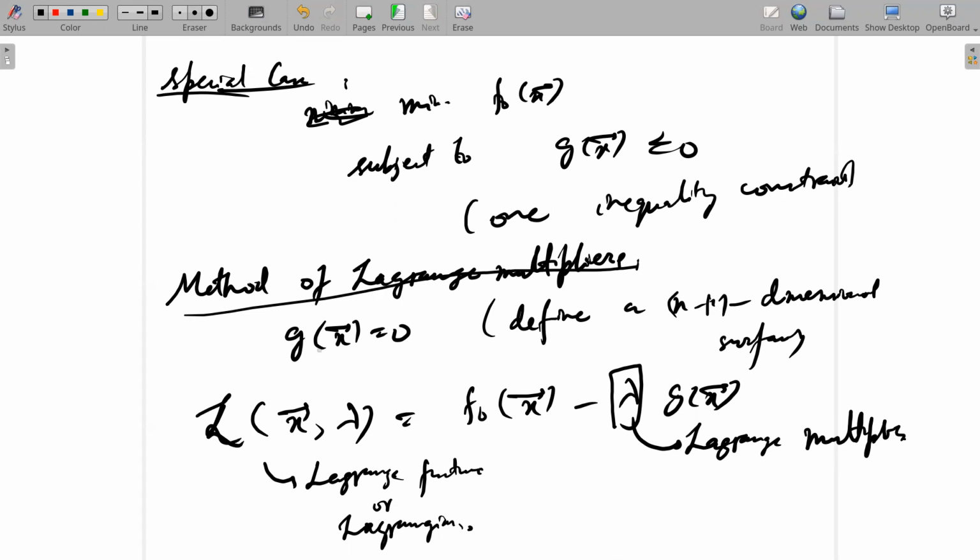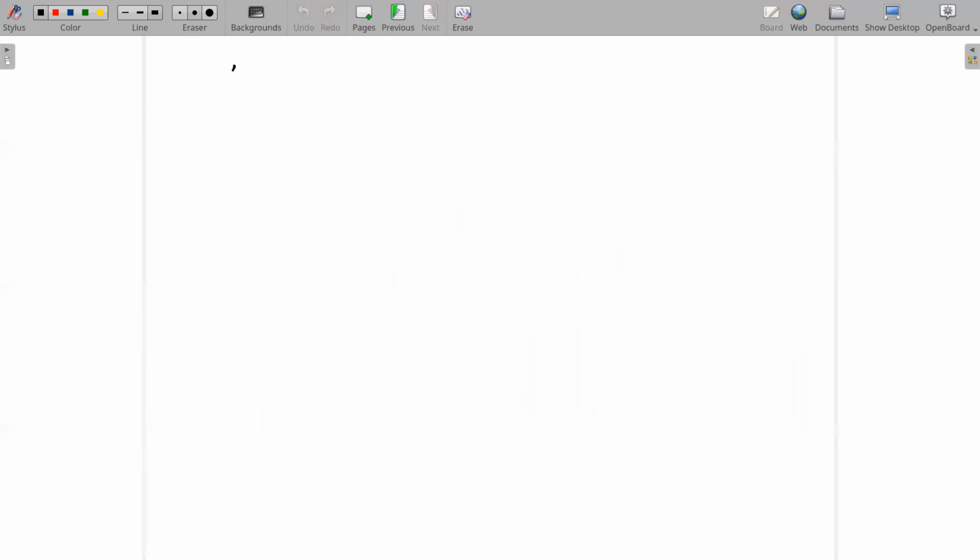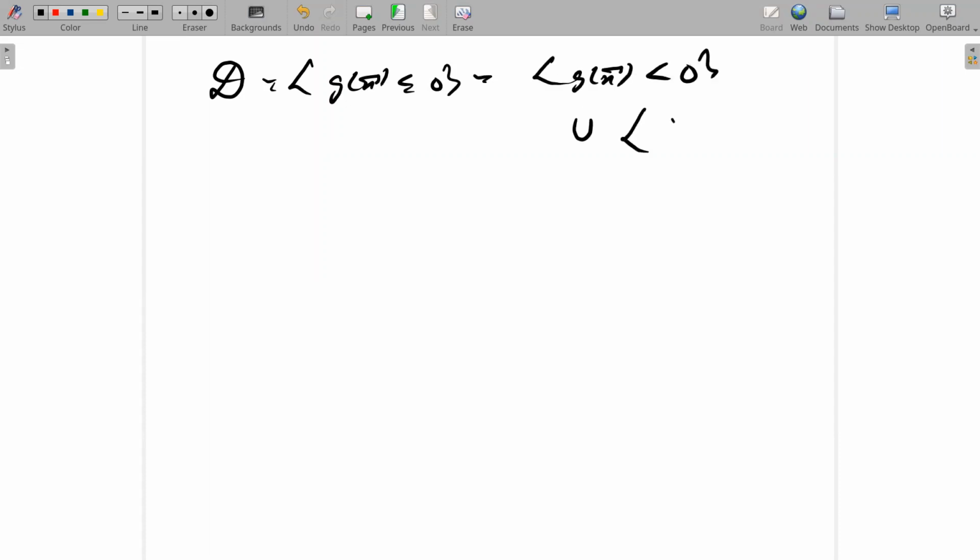All right, so I'm trying to optimize f naught here. Now let me split this decision space. So D equals g of x less than or equal to 0. I'm going to split this up as g of x strictly less than 0 union g of x equal to 0. So it has two parts, right? And this, generically speaking, will have non-empty interior.